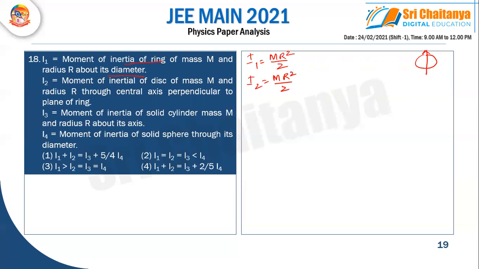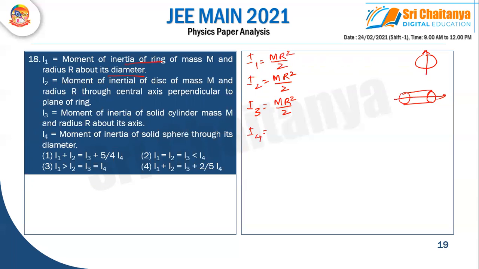Now, I3 is moment of inertia of solid cylinder, mass m and radius r about its axis. Now, this is again natural axis. And for that reason, this will be mr square by 2 for a disk, whatever the value what we get, that will be obtained. So I4 is moment of inertia of solid sphere through its diameter, he says.